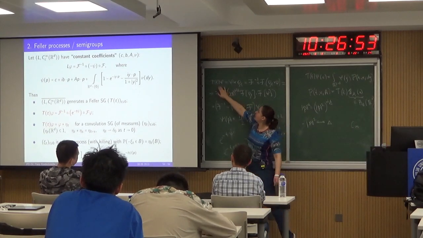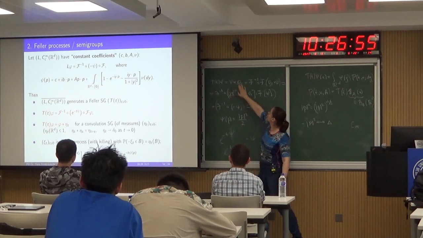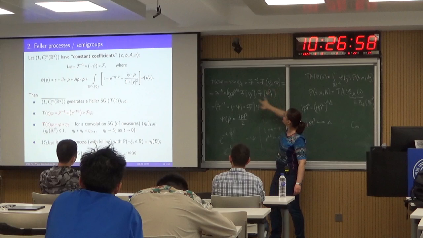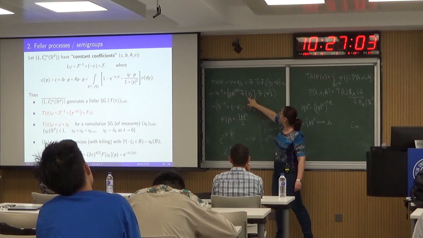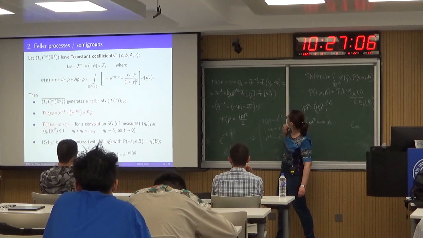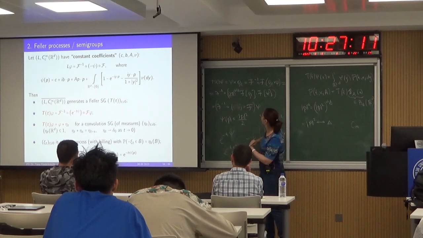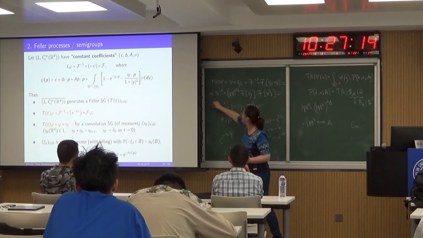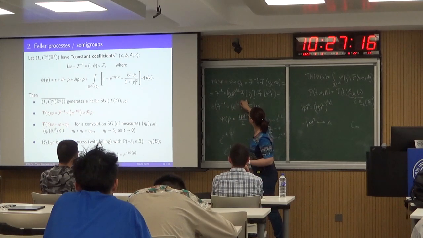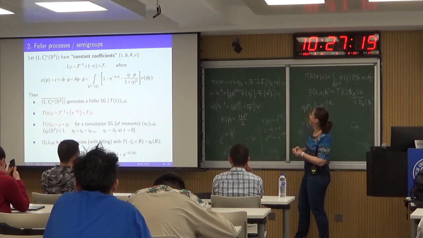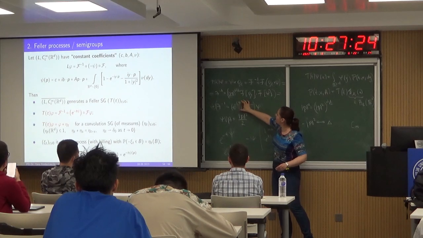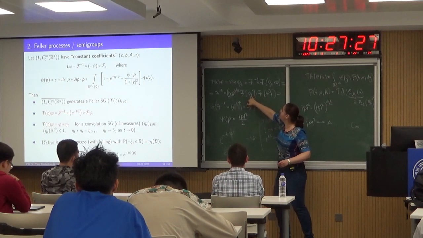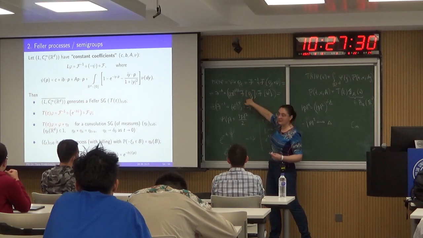The semigroup is just a convolution. We apply the Fourier transform to the convolution. I think here it should be e to the power minus t psi. Yes, so you see, up to a constant, this is exactly the Fourier transform of the corresponding density of the measure, or the measure itself.